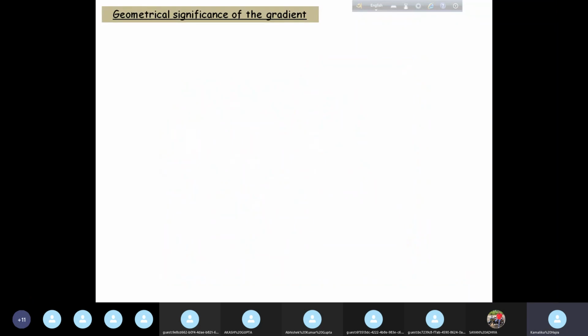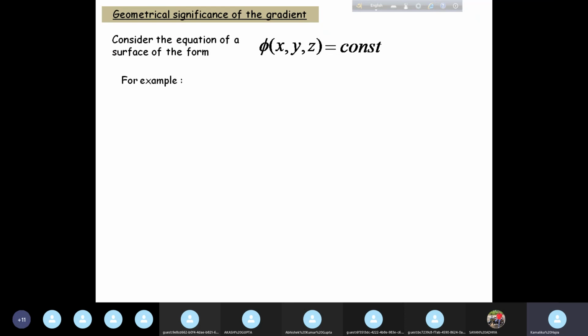In our last class we saw the physical significance. The other significance is the geometrical significance. Suppose we have an equation like this, where we have some scalar function which is a function of x, y and z equal to a constant. This equation usually is that of a surface.